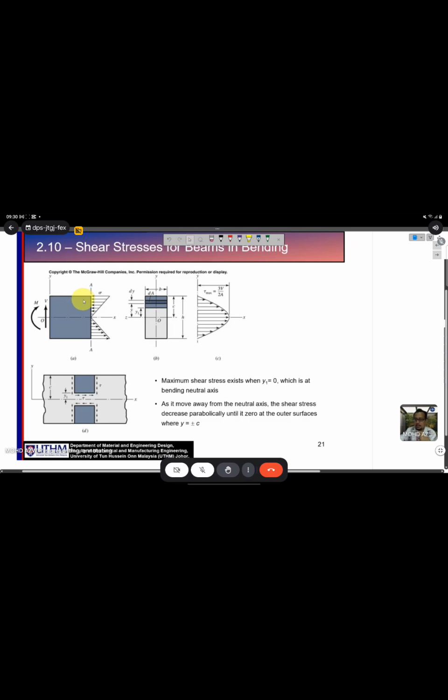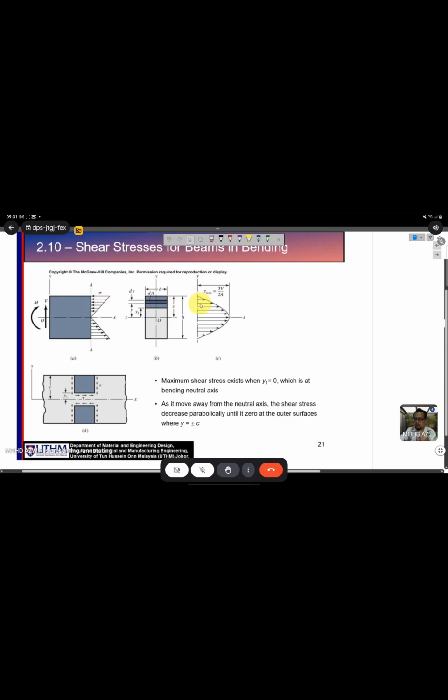If you study at the neutral axis, the shear stress will become maximum. It depends on which location you study. If you study at the neutral axis, there is no normal stress, but the shear stress will become maximum. If you study at the outer diameter, at the top here, the normal stress will become maximum, and the shear stress will become zero at the top.